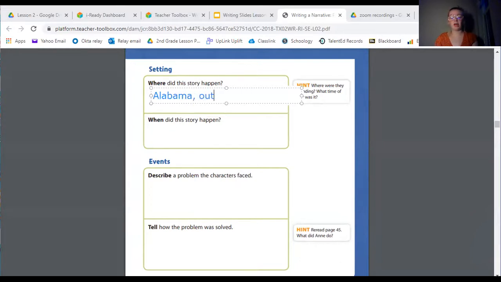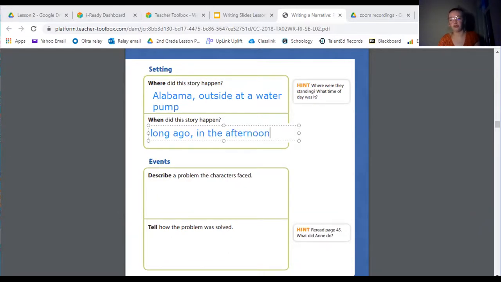And they were outside at a water pump. When did this story happen? It happened a long time ago. And it looked like it was daytime. So I'm going to say in the afternoon. All right, so again, you can finish copying this down, pause the video if you need to, and then we'll move on.